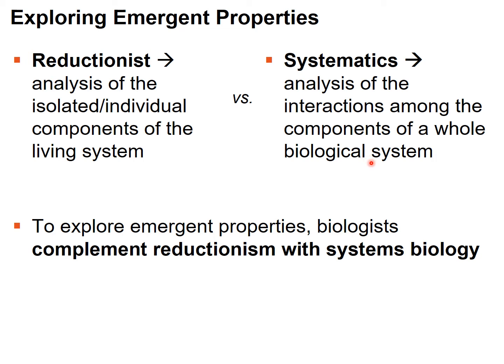Now, to explore emergent properties, both of these schools of thought must be meshed together. So biologists, or scientists in general, are going to complement reductionism and systems biology.